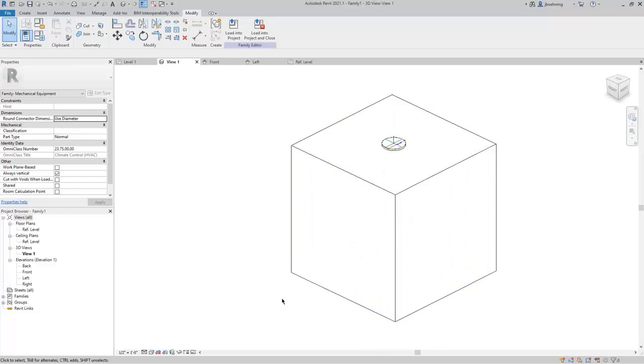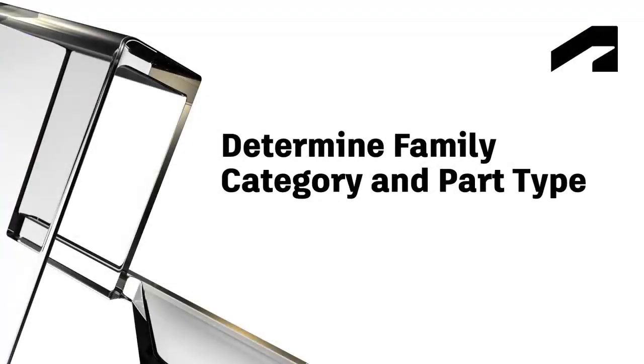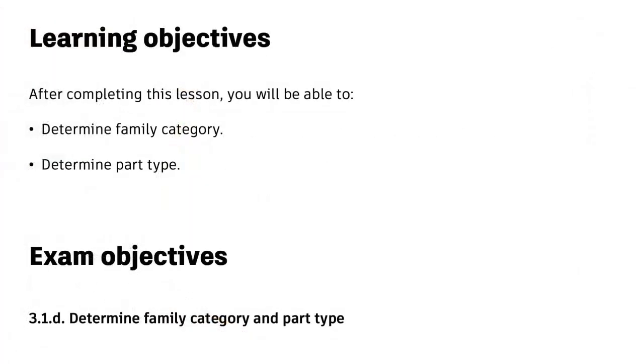So obviously there's some more work to do with this family, but as far as best practices go, you want to create your reference planes, add dimensions, label those dimensions, and then constrain the geometry to those reference planes, and then flex it and make sure everything's working properly.